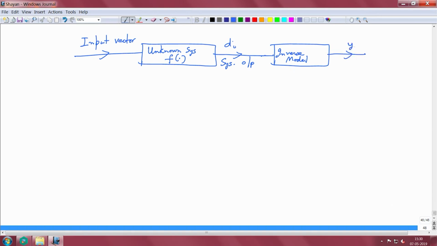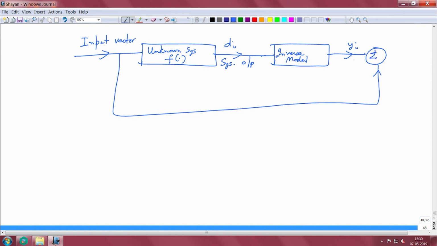But what is important in this block is that this input vector is also provided to this linear combiner.